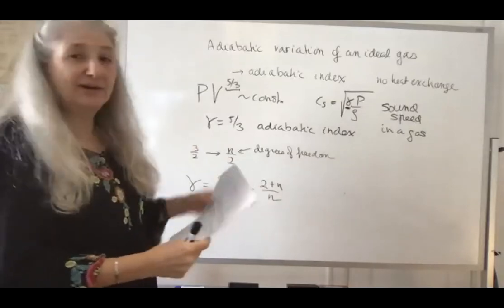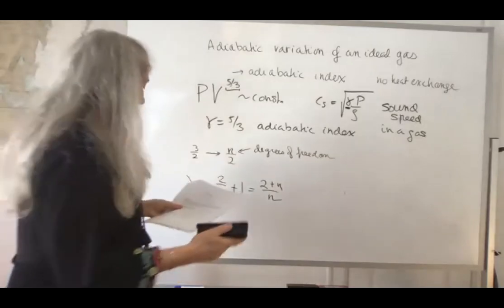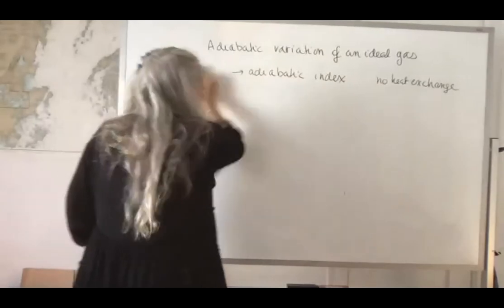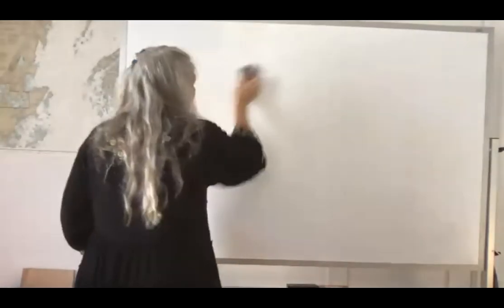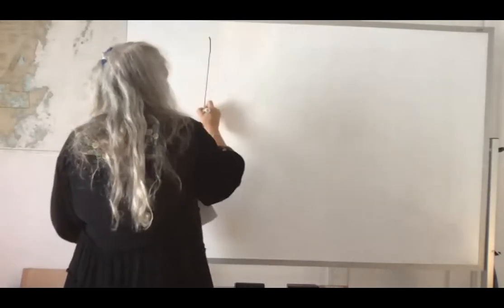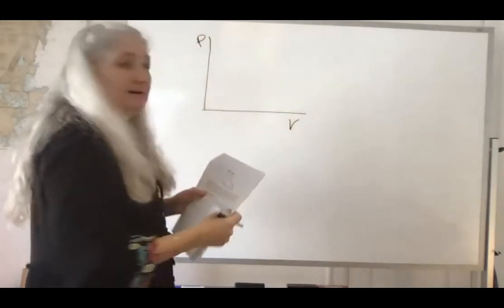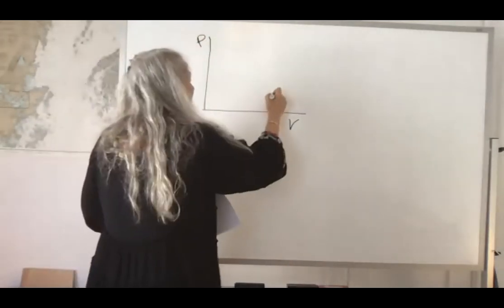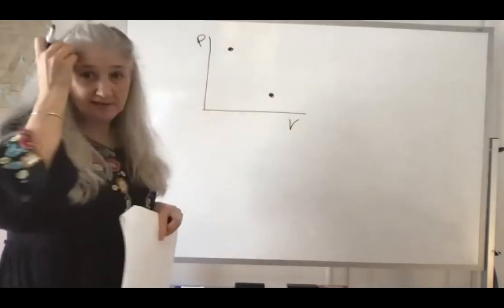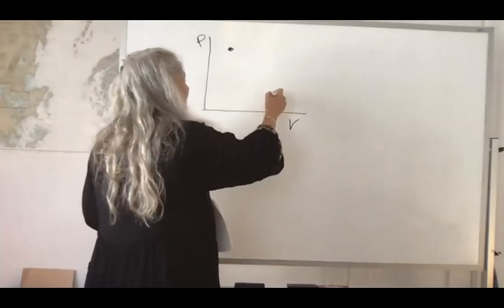Okay, so now let's go back to trajectories on PV plots. So we have V and P again, and if we start in one place and we wind up in some other place, the total work done on the gas depends on the trajectory, right?